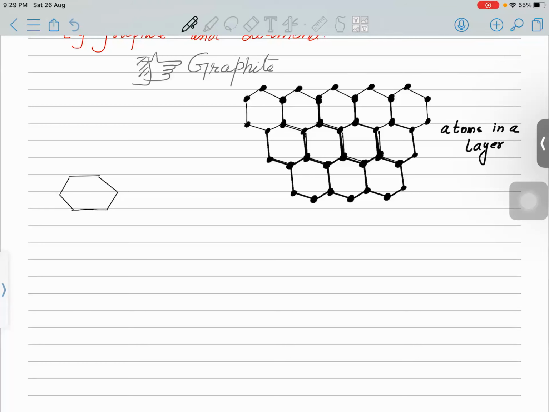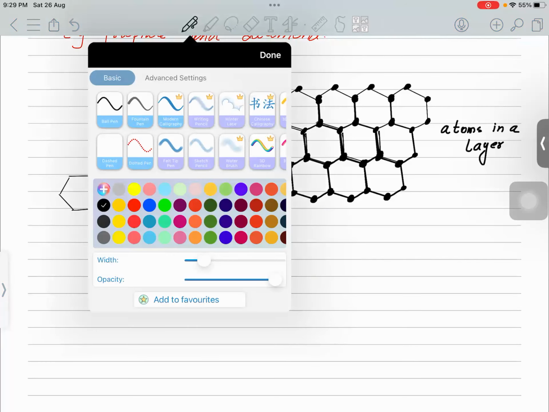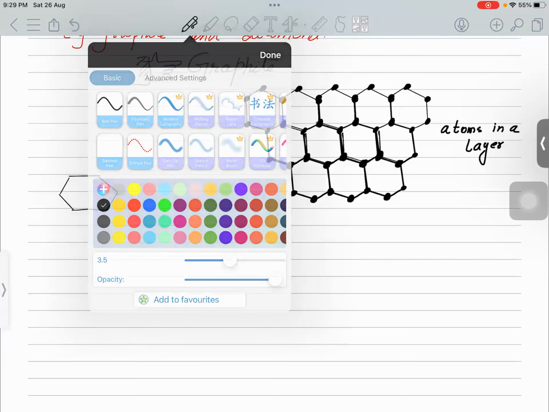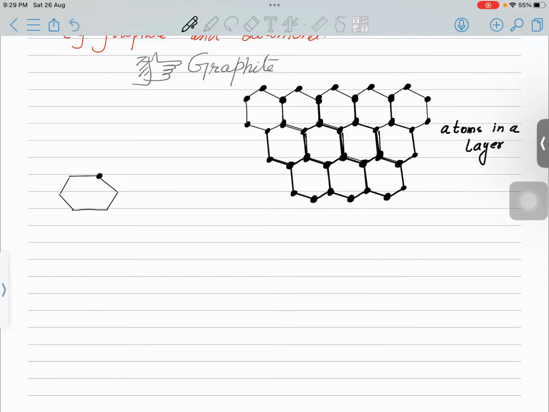This is one layer, one hexagonal structure of graphite. These dots indicate carbon.